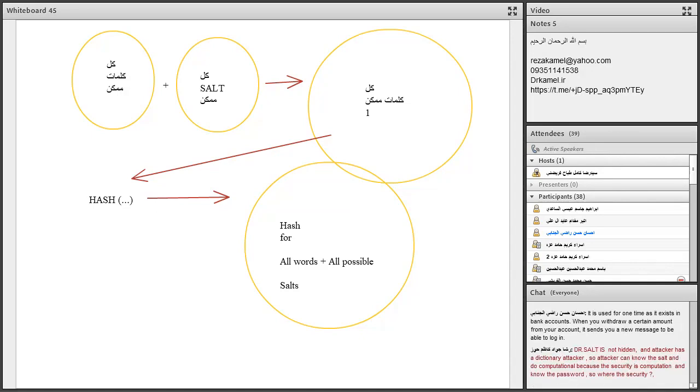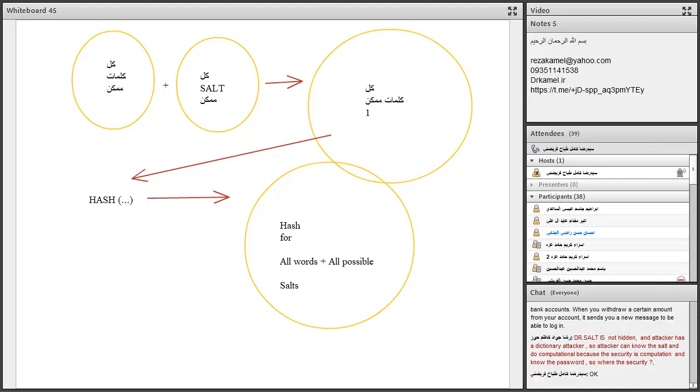Okay, I hope you understood the problem this time. Yes, exactly, Rasha. It's like that. Security is computational.